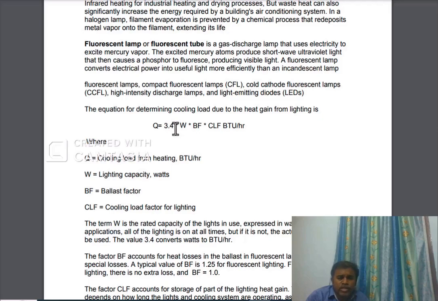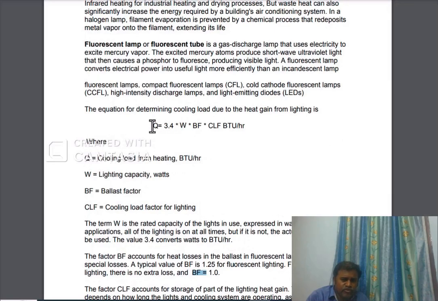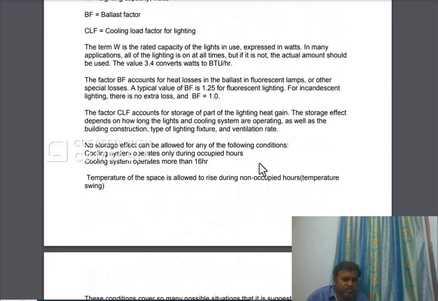So Q is equal to 3.4 into W, the number of bulbs times the watts of each bulb, into the ballast factor. The ballast factor you can take as 1 generally. The typical ballast factor is 1.25 for fluorescent, and for incandescent you can take 1. I think you understood this one. From there you can get the BTU value.